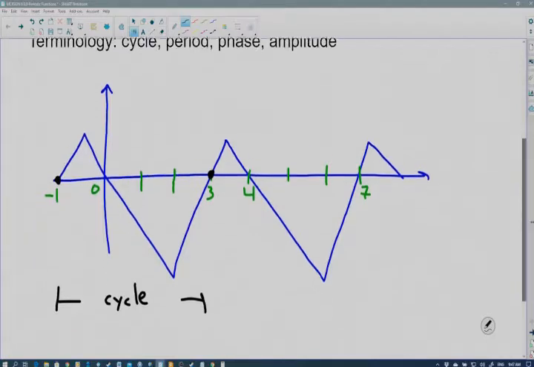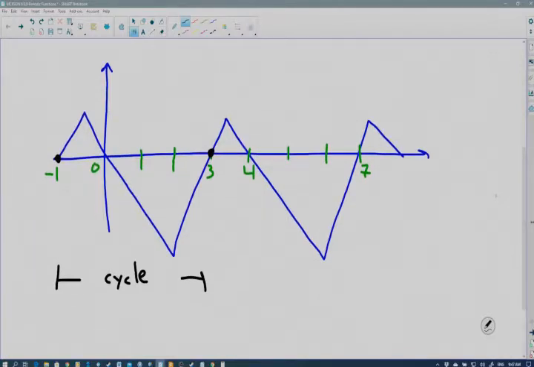Now, the cycle doesn't technically have a number associated to it. It's more related to the picture. If I asked you to draw two cycles of this graph, you would do this pattern and then repeat it all the way up to this point, which would be where the second cycle ends. So you'll notice that this graph is two cycles and a bit.